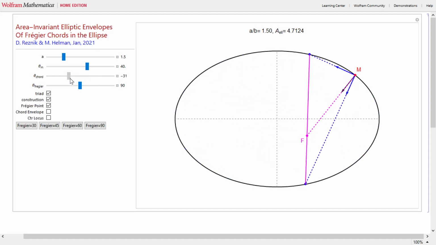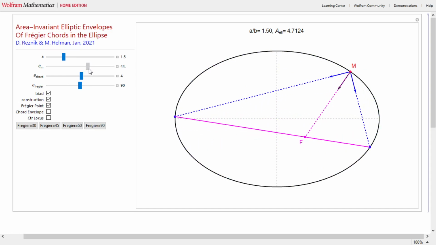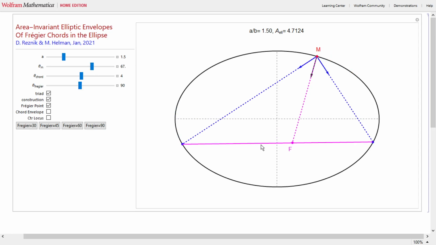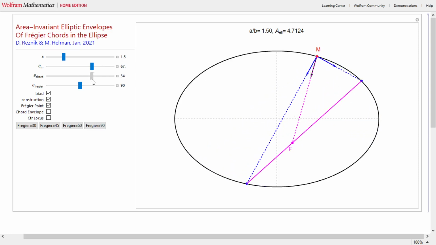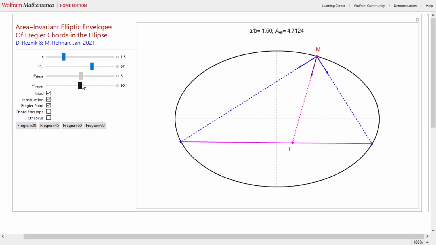And this is remarkable, per se. Now, of course, if I move M to another position on the ellipse, my Frégier point F is going to move somewhere else, and it's also going to remain invariant with respect to the motion of that 90-degree pair up there.